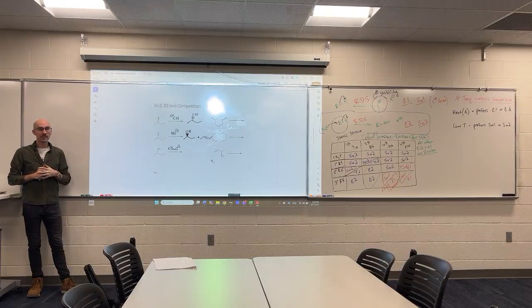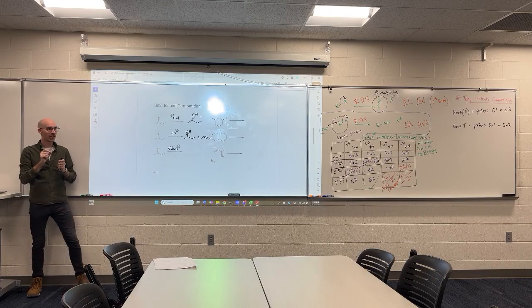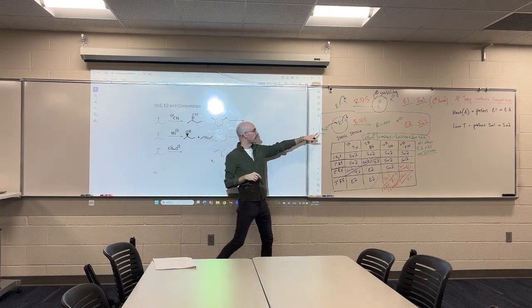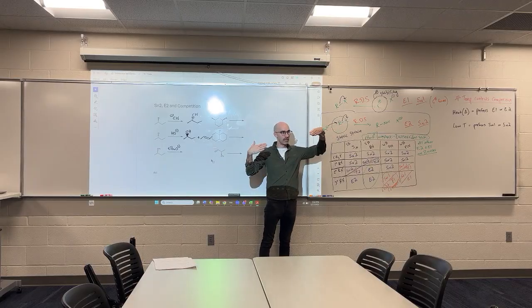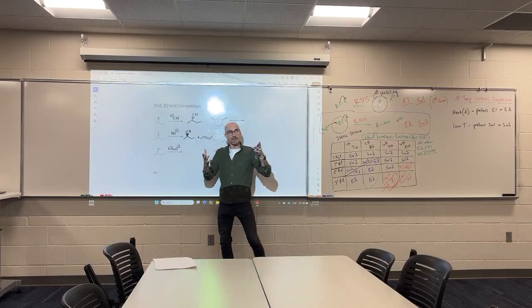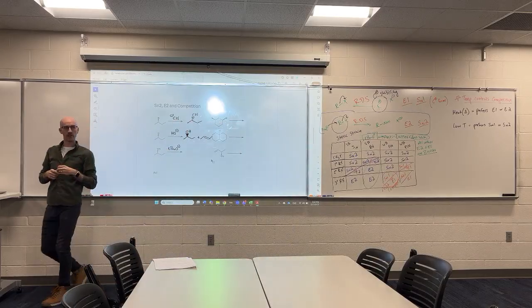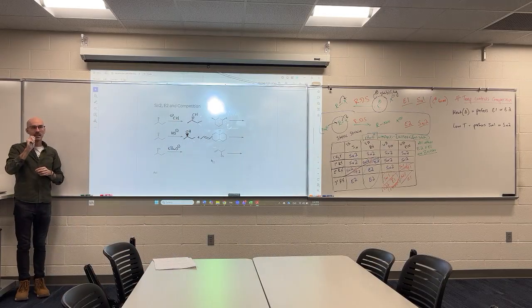Tert-butoxide? Yeah, Elliot? Did I miss something here, or do we invert stereochemistry every time it's SN2? Correct. SN2 is a result of the bond breaking at the same time that the bond is being made. The only way that can happen is if it comes in from the back side, and that means you're swapping the stereochemistry. So that's why we don't do it for SN1.